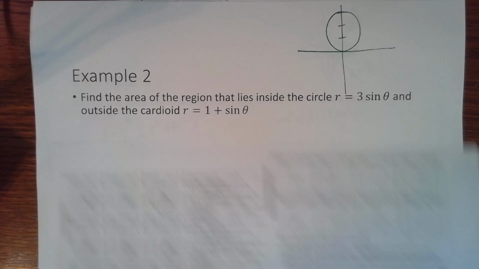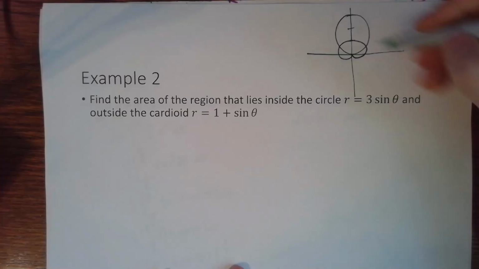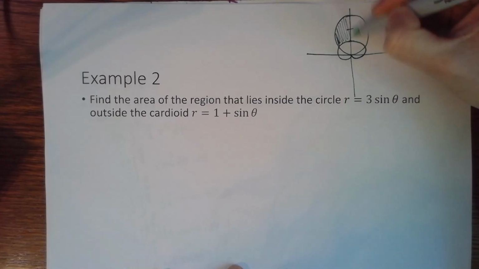So we're going to have something that looks like that. And then we want the area of the region that lies inside the circle but outside the cardioid. So we're looking at this area right here.